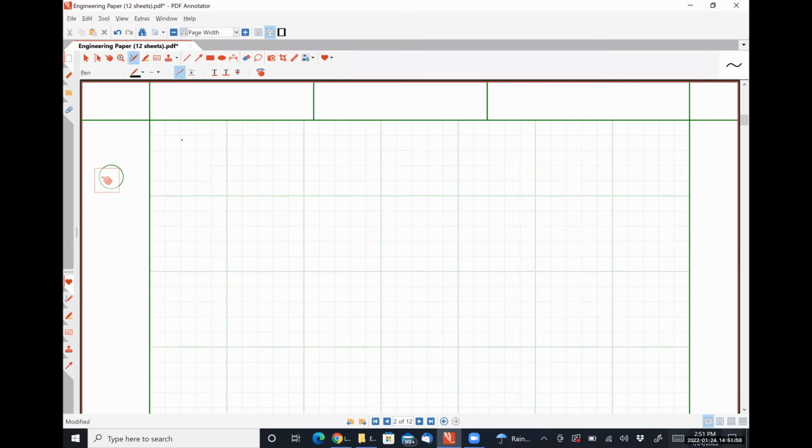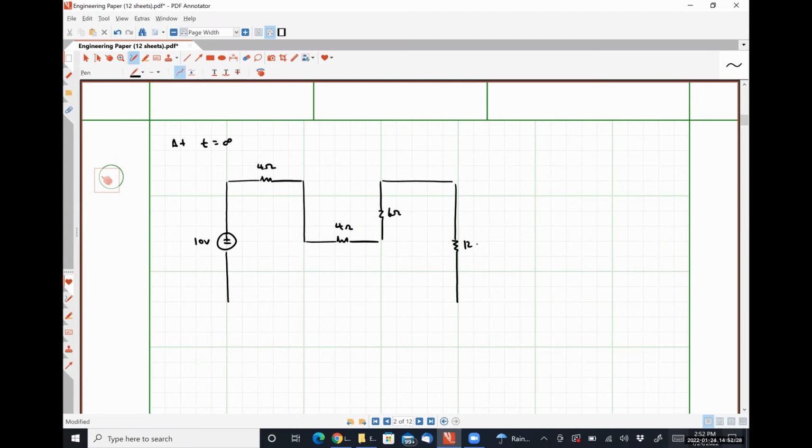Oops, I'm going to have to do this on a new page. We have our 10-volt source, a 4 ohm resistor, short circuit, 4 ohm resistor, 6 ohm resistor, 12 ohm resistor.